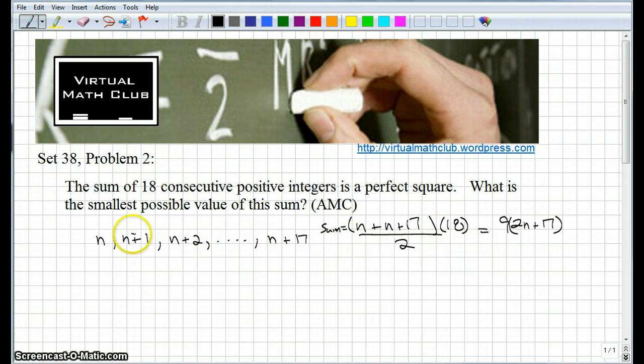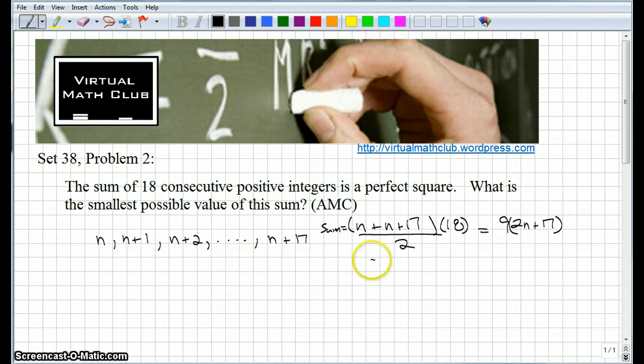Or we can just, you have n in each one. When we add them up, we'll have 18 n's. And then we have to add the numbers 1 through 18. Now you could do that by hand, which is the hard way to do it: 1 plus 2 is 3, plus 3 is 6, plus 4 is 10, plus 5 is 15, and so on.